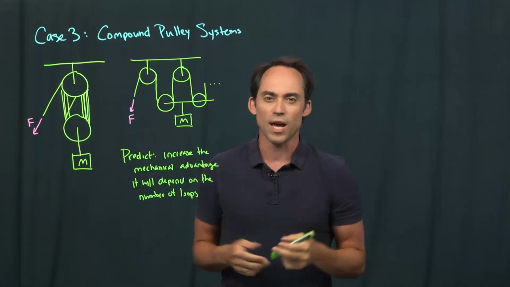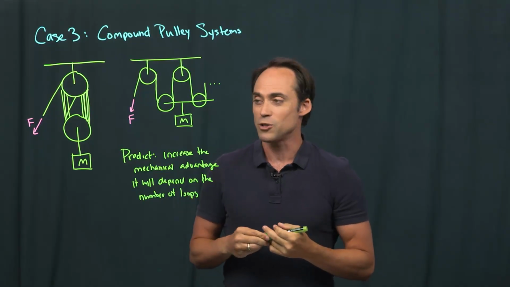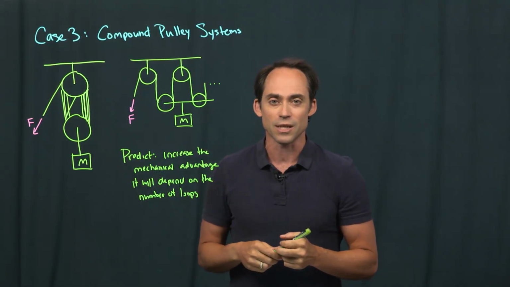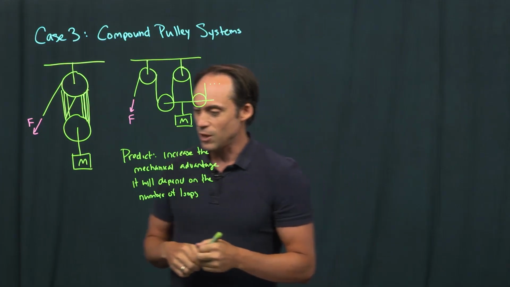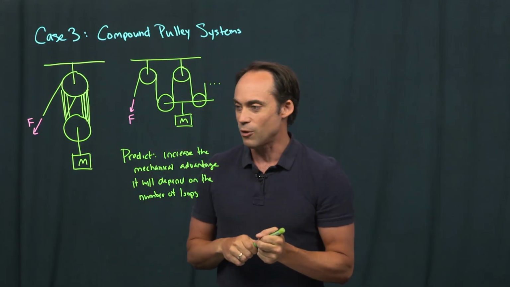So in some way, the mechanical advantage that we get out should depend on how many times that we string this together. All right, so let's see if we can get an insight into this by drawing our force diagrams.